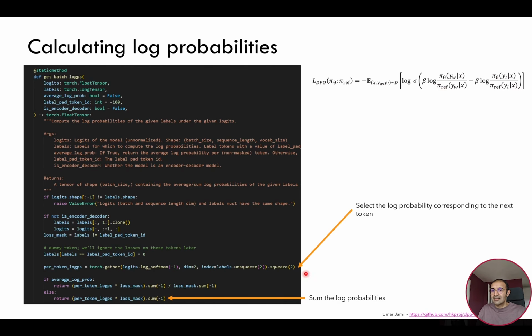And then in this line here, they select the log probabilities only corresponding to the labels, so to the next token that we already know. And then they sum them up, as you can see here. And here they also apply a mask, because we don't want all the log probabilities, but only the ones corresponding to the tokens belonging to the answer, not to the ones that belong to the question. And this is how DPO works.